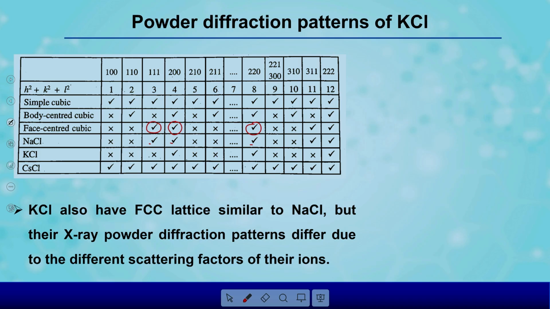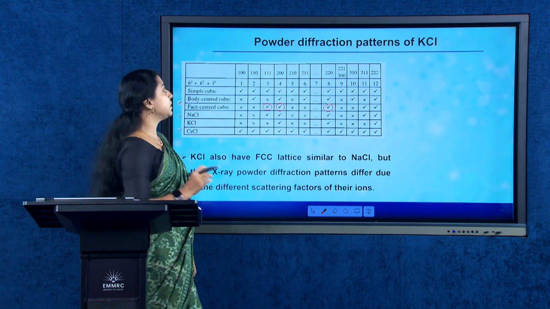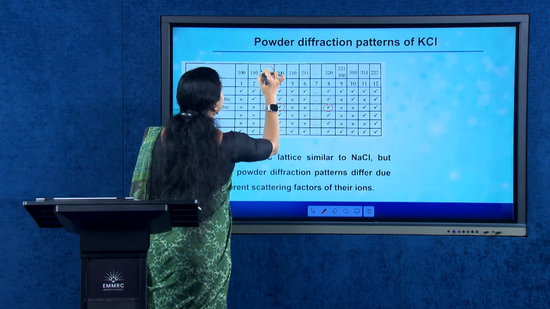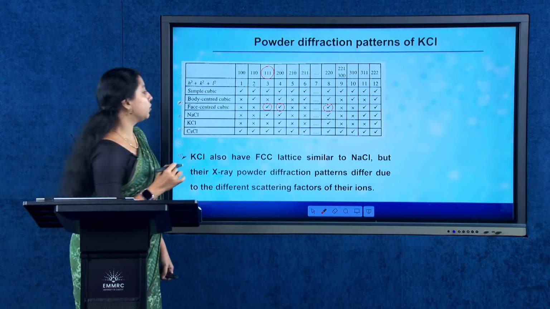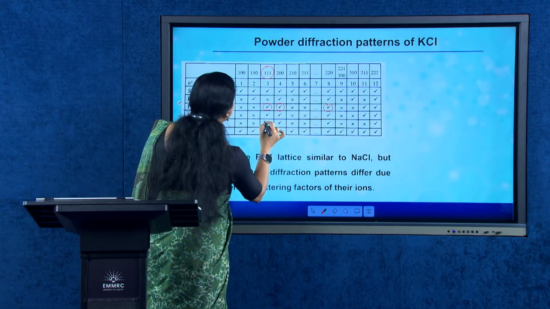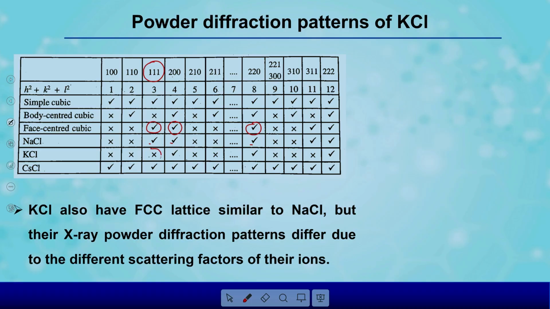Now, just look at KCl. The first reflection usually seen in an FCC lattice is the 111 reflection. But when we look at the diffraction pattern of KCl, you can see that it is absent here.